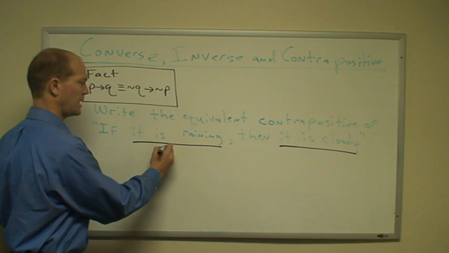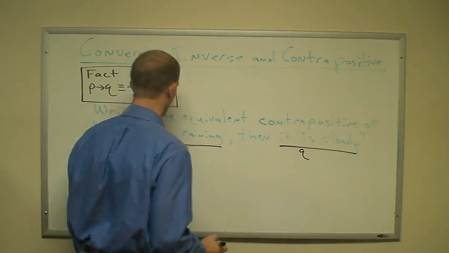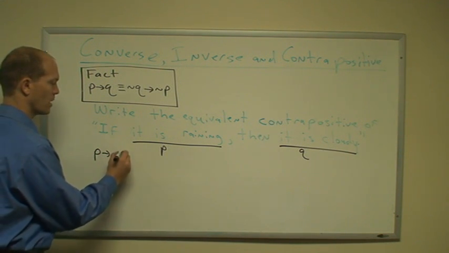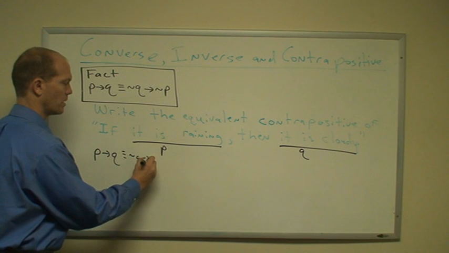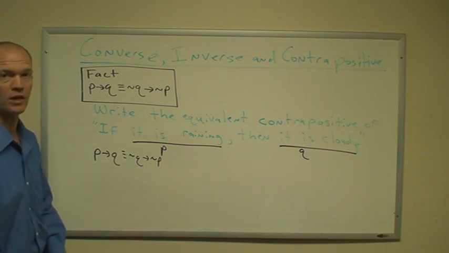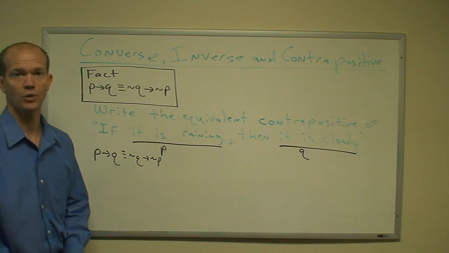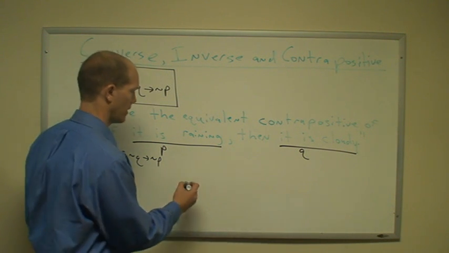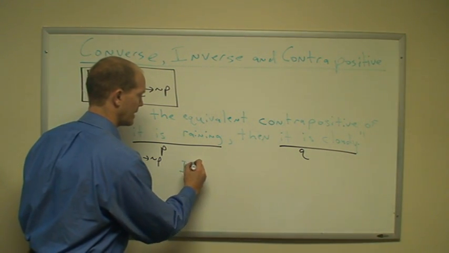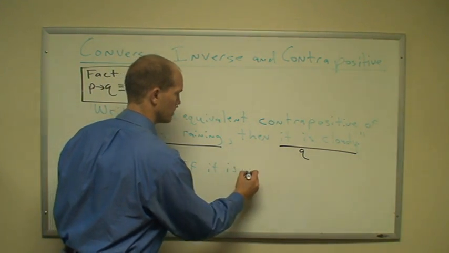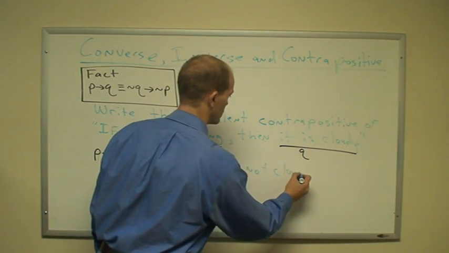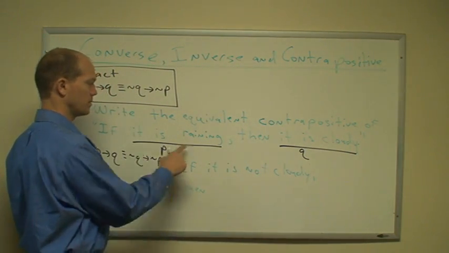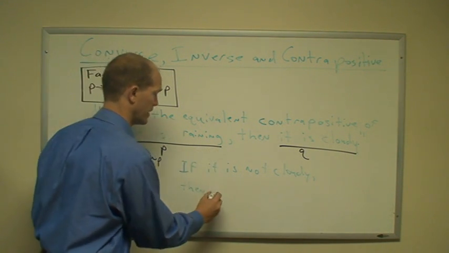The first statement, let's call that P. The second statement, let's call that Q. So the original statement could be written in symbols as if P then Q, which I know is equivalent to if not Q, then not P. So the equivalent contrapositive will be of the form if not Q, then not P. Not Q should be it is not cloudy, so I should write this as, if it is not cloudy, then not P, the negation of it is raining, which is it is not raining.